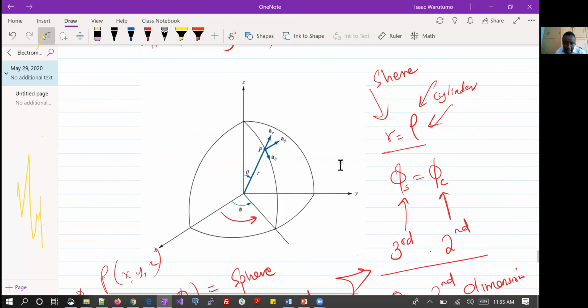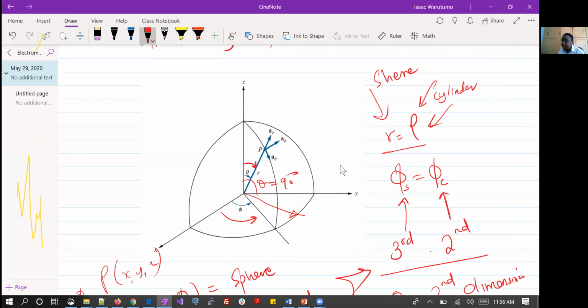So the point I'm saying is that theta, which is the colatitude, is measured from Z going down towards R. And so if this radius is at the same plane as the X and Y, then my theta would be equal to 90 degrees.